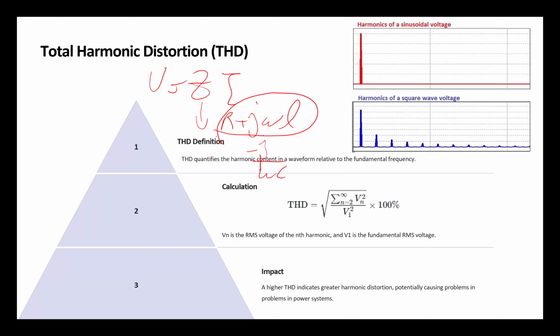Now, to make sure our fundamental is safe while we reduce the harmonics, we incorporate the fundamental into our quantification of the harmonic distortion, so we can keep track of what change we made. The harmonic distortion becomes a relative value to the fundamental.